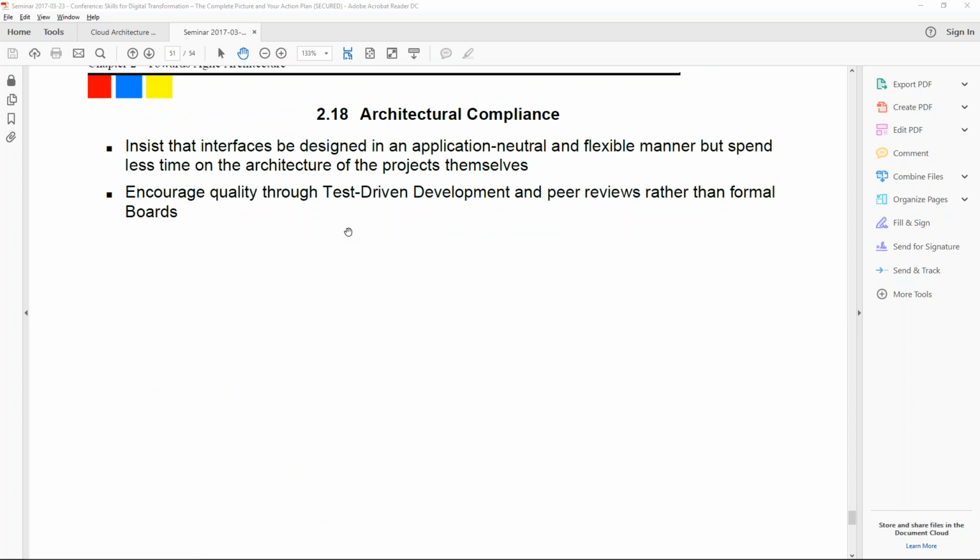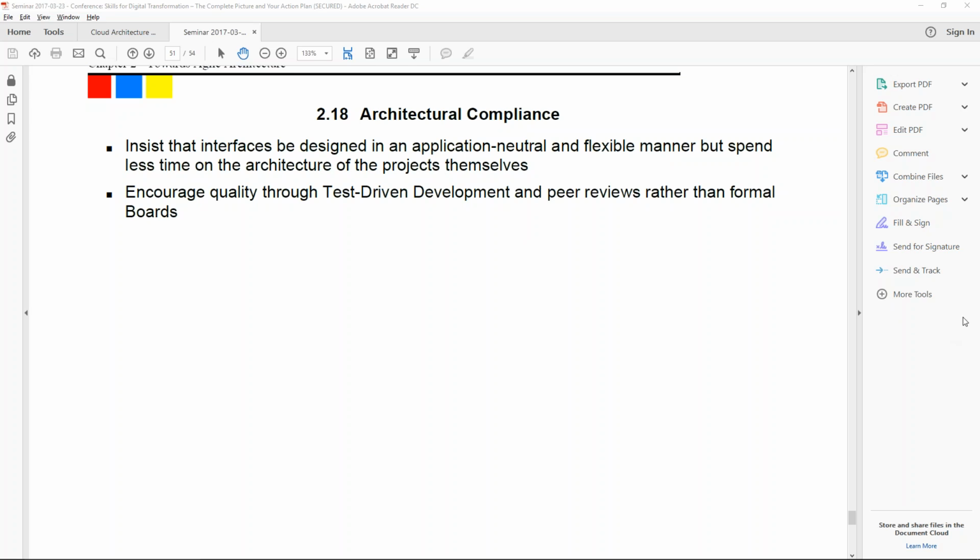Architectural compliance. You can have standards for how we do things. Hey, this needs to be neutral. Right now, there's a fairly stable look. We're deploying stuff with JSON REST approaches as our standard answer. Focusing on interfaces is a big deal.